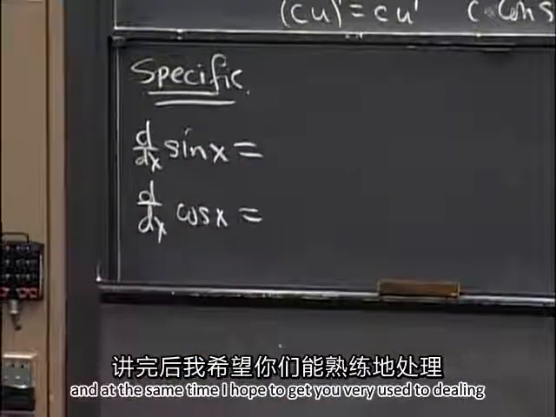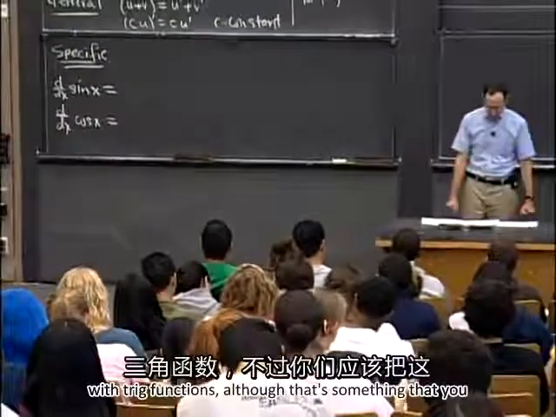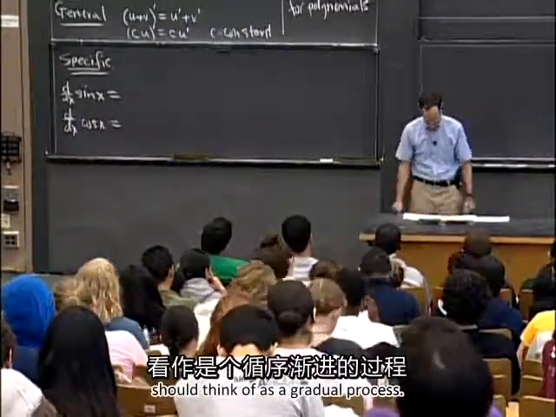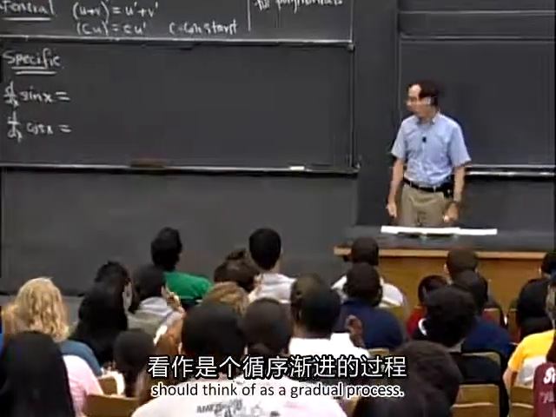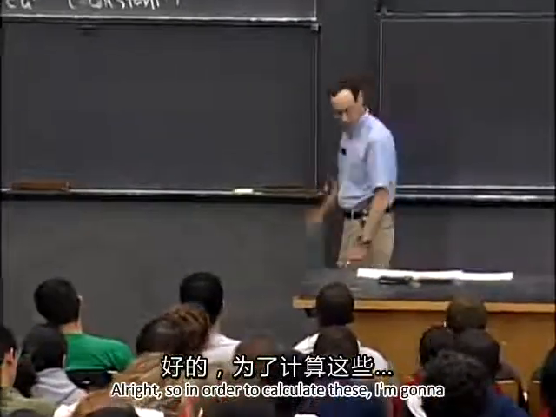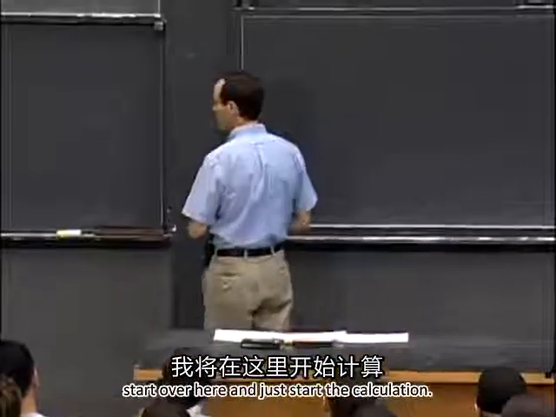And at the same time, I hope to get you very used to dealing with trig functions, although that's something that you should think of as a gradual process. All right, so in order to calculate these, I'm going to start over here and just start the calculation.